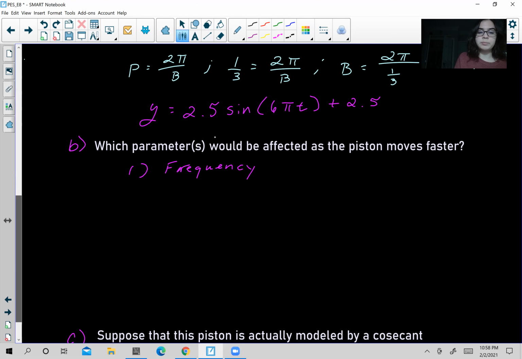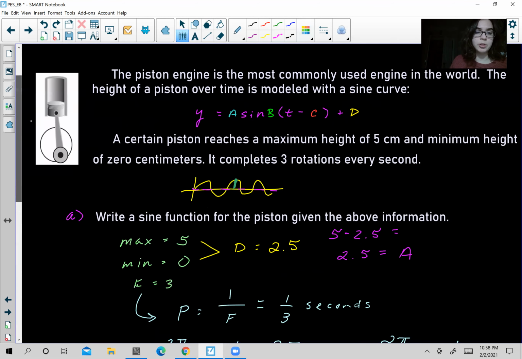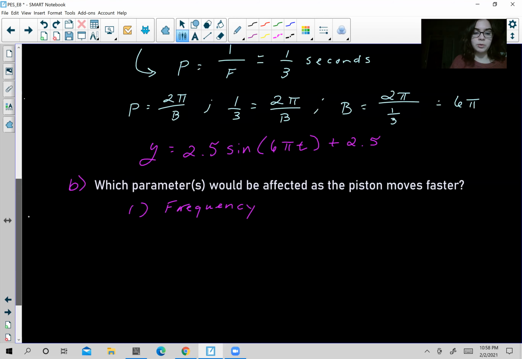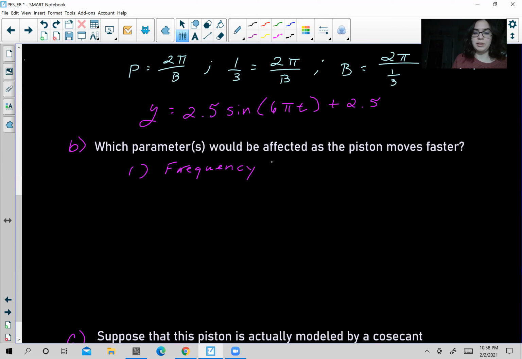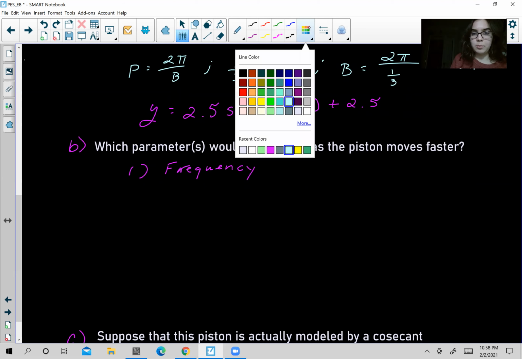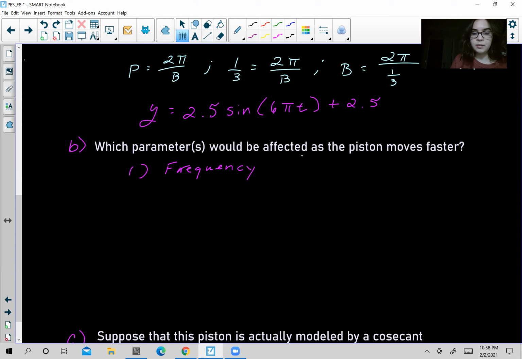Because if you think about it, as the piston is moving faster and faster, it's going to be moving up and down much faster. And so the amount of cycles you get in 1 unit of time is going to increase. And it's not asking for a direction or anything like that, but hey, why not? Let's add it. So frequency is going to increase.